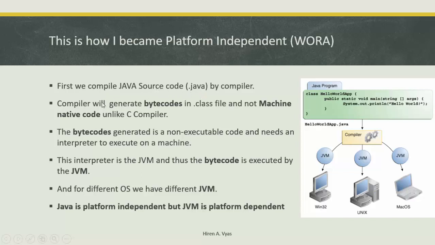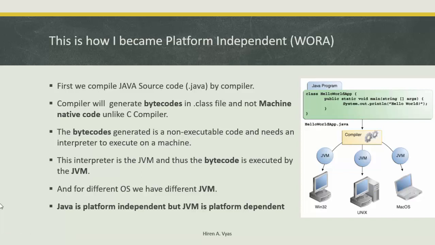This compiler will generate the bytecode rather than generating machine code. Unlike a C compiler, which generates directly executable machine code, the Java compiler generates bytecode, and the bytecode is not executable code. Instead, we require the Java Virtual Machine, and this Java Virtual Machine will execute the program.